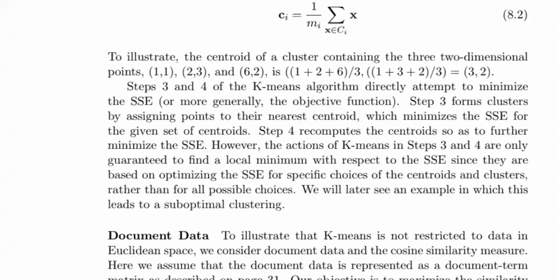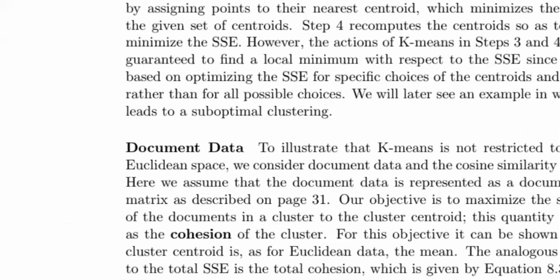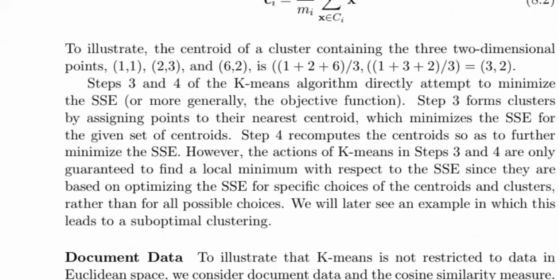For the first x value, you take the summation of the x values: 1 plus 2 plus 6, that is 9 by 3, that is 3. And the second one is the y-axis values 1, 3, 2. So 1 plus 3 plus 2, that is 6 by 3, that is 2. So now the final centroid value is (3, 2), that is, the x value is 3 and the y value is 2.